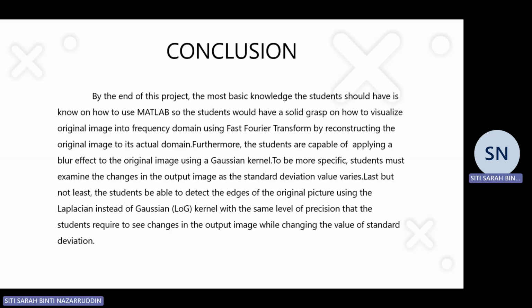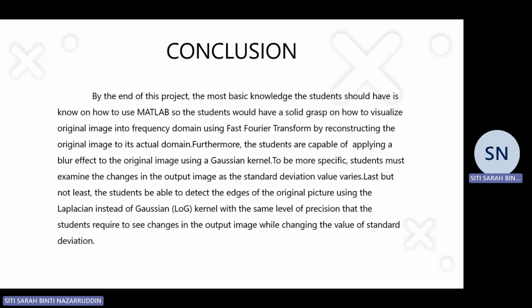For the conclusion of this project, by the end of this project, the most basic knowledge the students should have is how to use MATLAB. The students will have a solid grasp on how to visualize the original image in the frequency domain using the fast Fourier transform, and reconstruct the original image back to its actual domain. Furthermore, the students are capable of applying a blur effect to the original image using a Gaussian kernel.